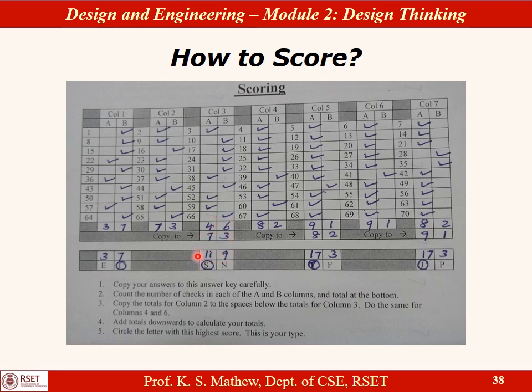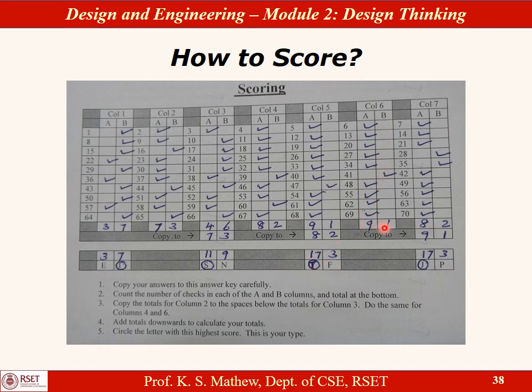You get the total, and that will decide whether you are sensing or intuition; whichever is higher will be your type. Column 4 total is copied below the total of column 5, and take the sum of them, 17 and 3. Take a look at the highest, and that will be your type, thinking or feeling. In this case it is 17 and 3, so thinking.